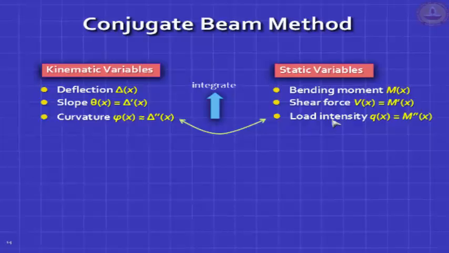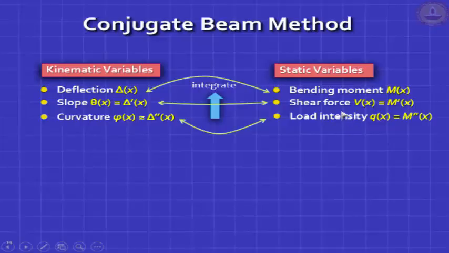In that beam at any section, if you calculate shear force, that shear force will match your slope. So you calculate shear force in the conjugate beam, it will give you the slope in your real beam. If you calculate the bending moment in your conjugate beam at any location x, it will give you the deflection in that beam. So we pretend, we imagine that there is a conjugate beam, and you load that conjugate beam with the curvature diagram and analyze it.